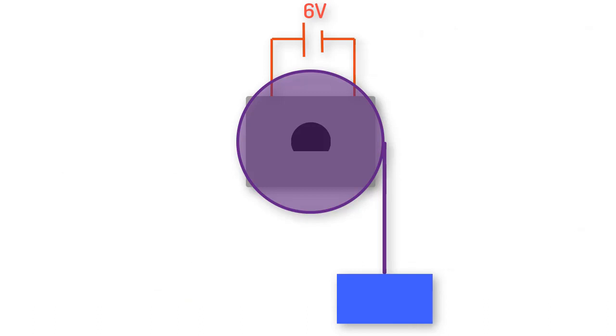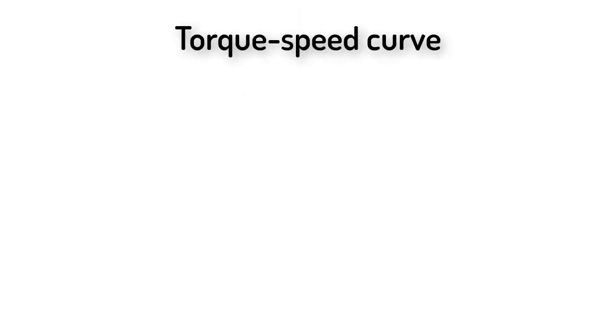Okay, now let's look at the next important thing related to motors. Remember how I said that as we increase the mass that the motor is lifting, the motor will slow down? We could make a plot that relates how much torque the motor is exerting and how fast the motor is spinning using something called a torque speed curve.